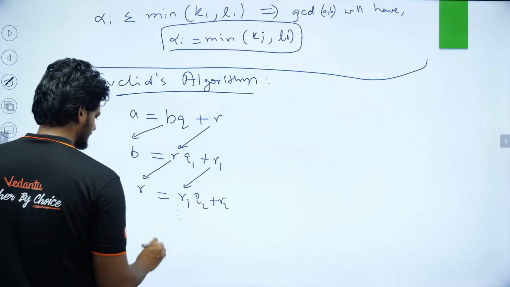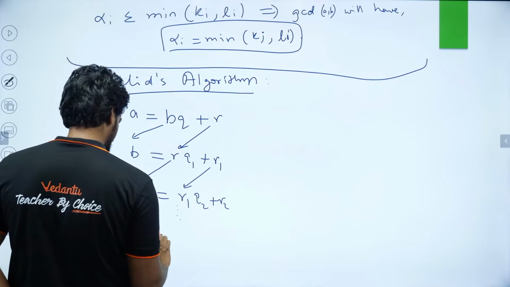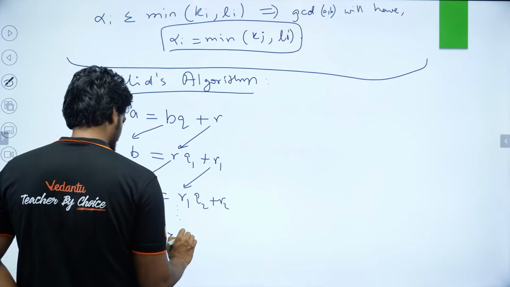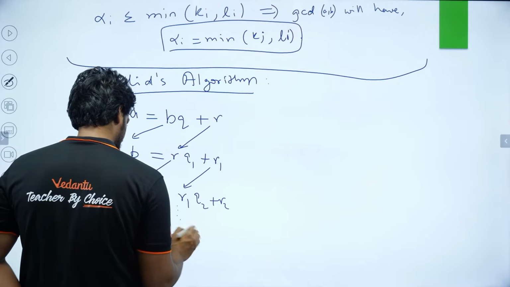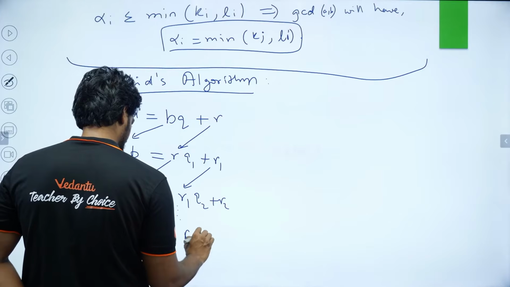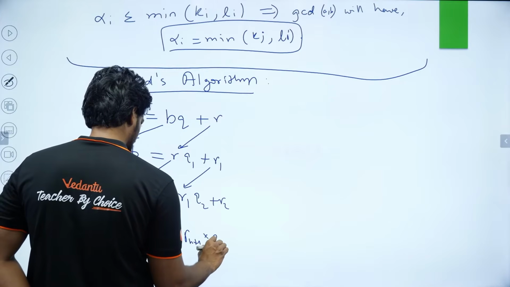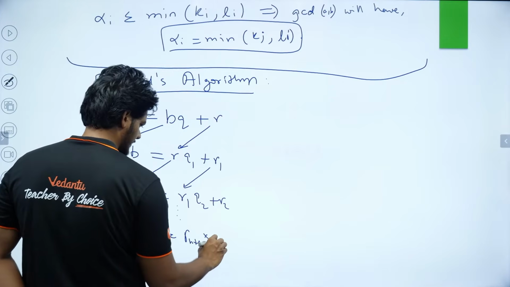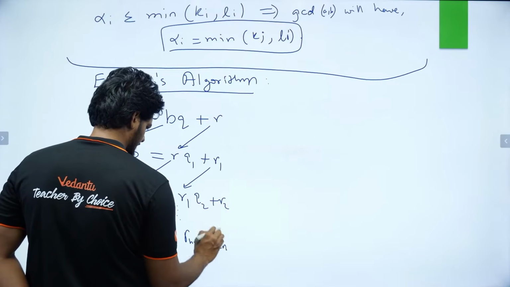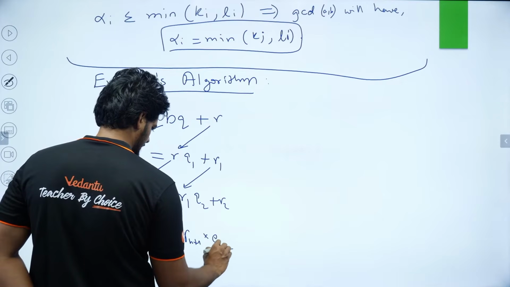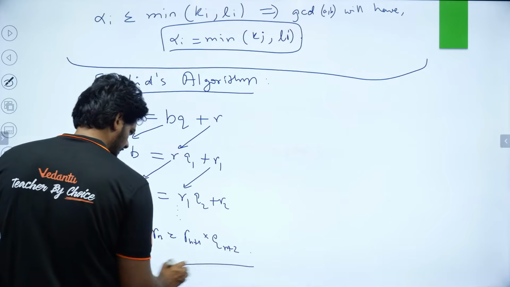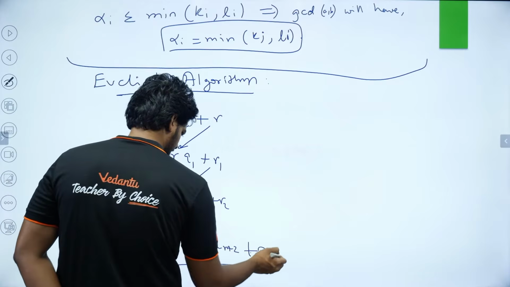He keeps on doing this till there comes a point when Rn equals Rn plus 1 into some Qn plus n plus 2, and there is no remainder, right.